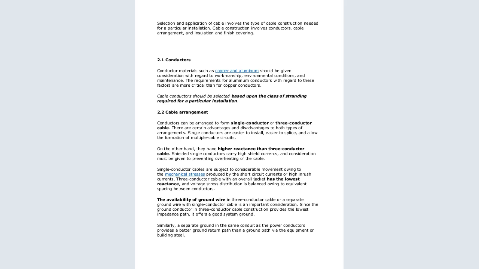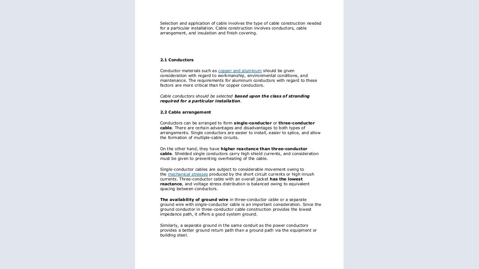Single conductors are easier to install, easier to splice, and allow formation of multiple cable circuits. On the other hand, they have higher resistance than the 3 conductor core. Shielded single conductors carry high shield current, and consideration must be given to preventing the overheating of the cables.